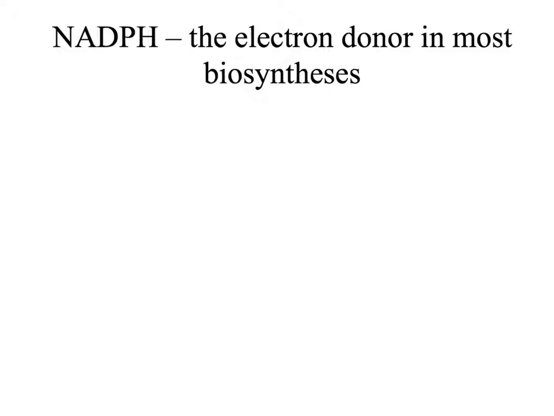The NADP plus, this electron donor, is going to be most widely used in biosynthesis. Okay, so NADPH is what's most widely used in biosynthesis, and it's going to be that electron donor. And again, the oxidized form is NADP+. The NADPH and the NADH will carry the electrons in the same way.